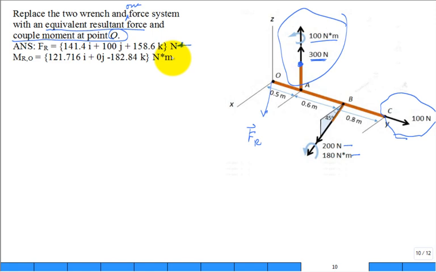It lives in 3D. You're going to have to trust our math here. And then we have this couple moment. It's like the equivalent or resultant couple moment that you need to put on the system. And it's a free vector, but anyway, I mentioned this. You think about that also applying at point O, but you could leave it off because it's a free vector. It's going to have units of Newton meter, and it's going to be a vector.